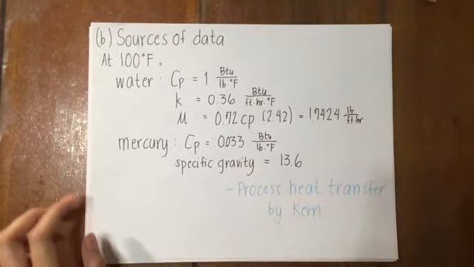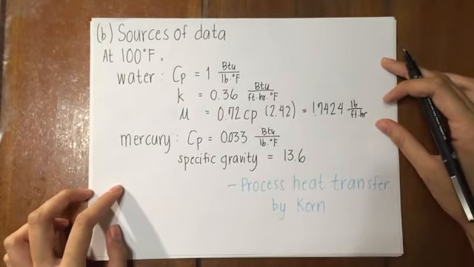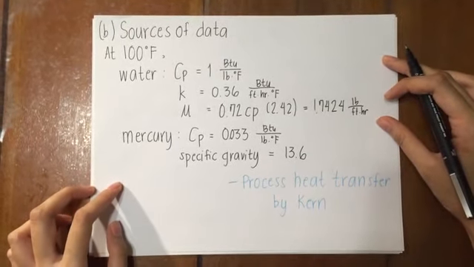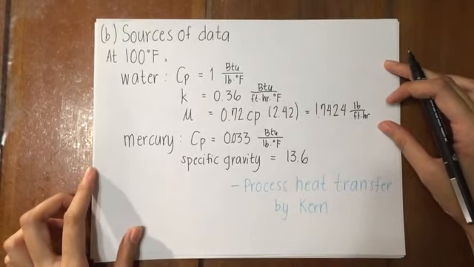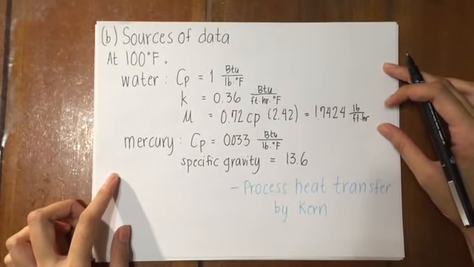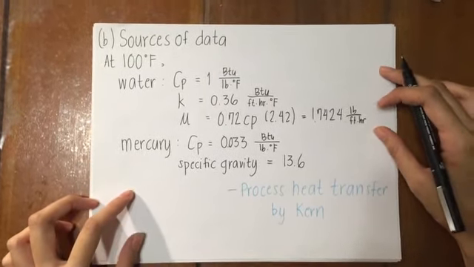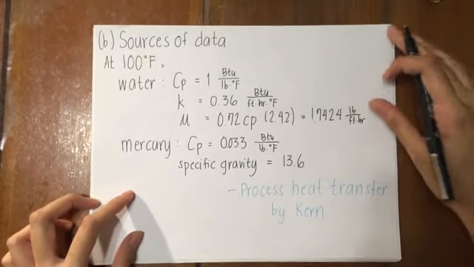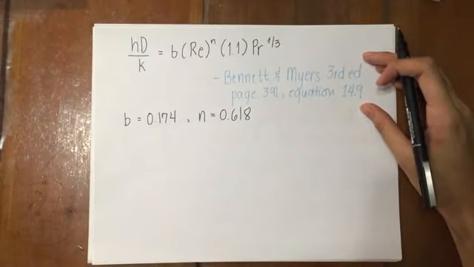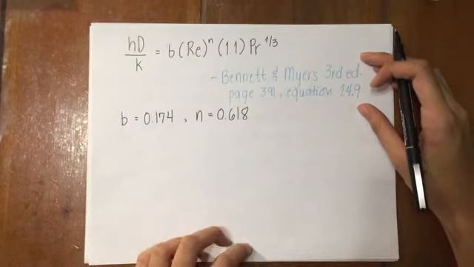For the mercury at 100 degrees Fahrenheit, the Cp will be 0.033 BTU per Lb degrees Fahrenheit, and the specific gravity will be 13.6. All these data are from the book Process Heat Transfer by Kern. Also, the following equations will be used.